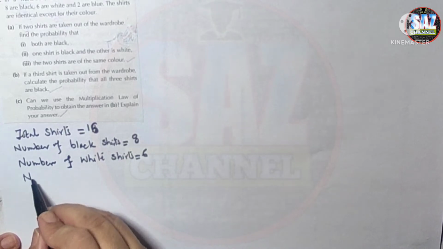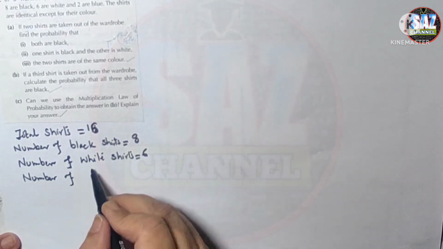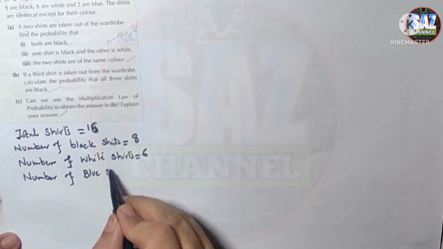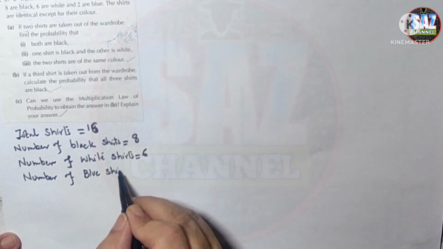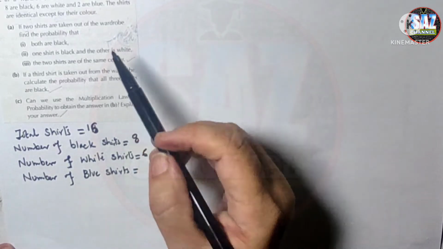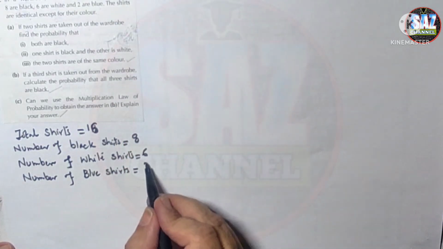Number of black shirts is 8, number of white shirts is 6, number of blue shirts is 2. Okay, 8 and 6 make 14, so there have to be 2 blue shirts, yes, there are 2 blue shirts.